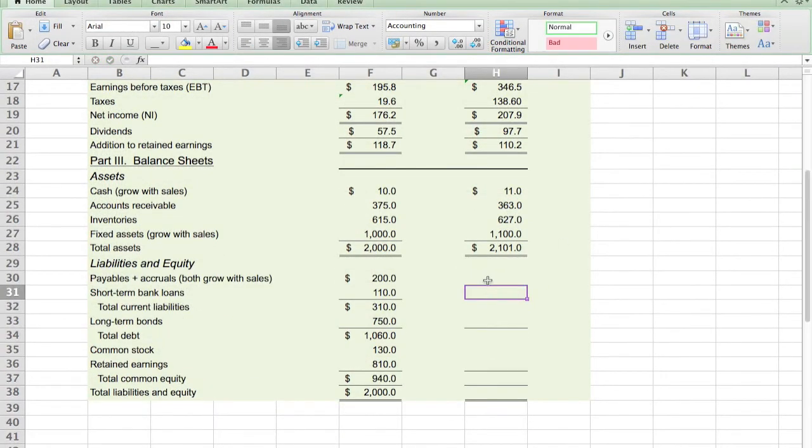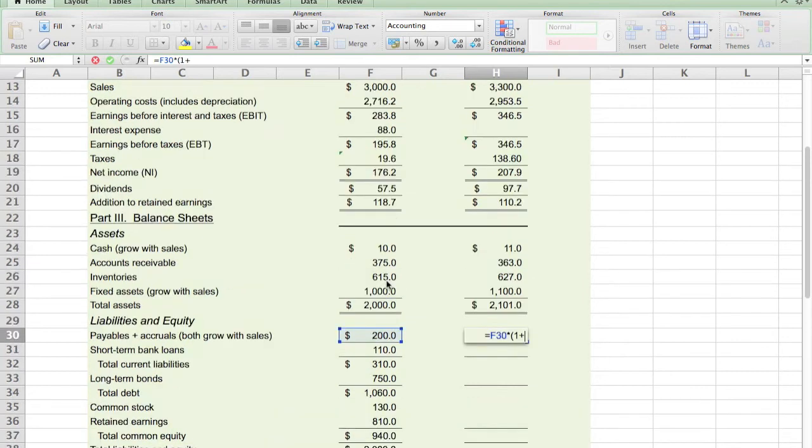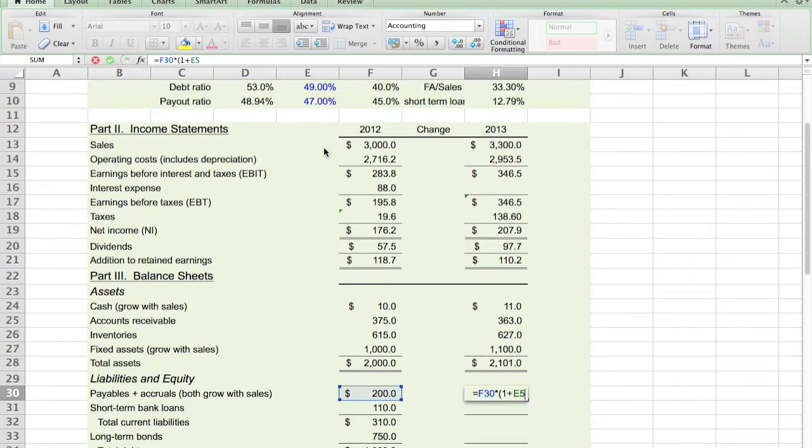The second part in the balance sheet is liabilities. First, we will solve payables and accruals. Payables and accruals of 2012 are multiplied by 1 plus the growth rate of 2013 because it grows with the sales.